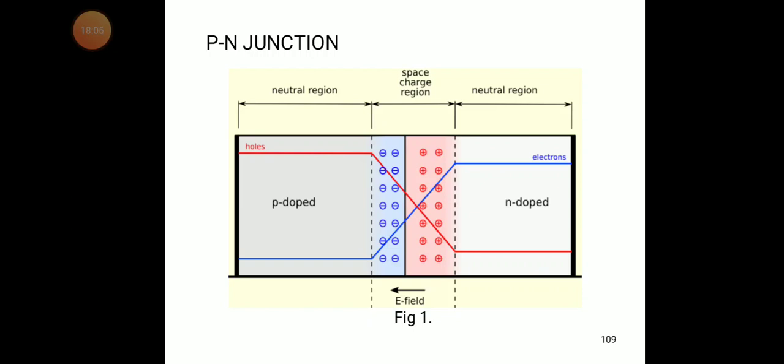So what happens is electrons have high potential energy on this side, and we have a larger number of holes in the P side and a larger number of electrons in the N side. What are the differences there?